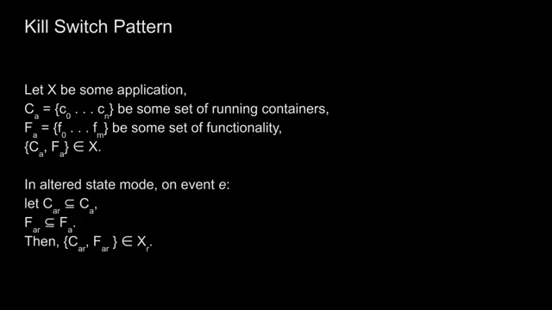Here's a quick notion here. Just to clarify some things, we have a set of containers, and we also have a set of functionality that is associated with these containers, and these two things create an application called X. So in altered state mode, given some event, let CAR be a subset of CA, let FAR be a subset of FA.